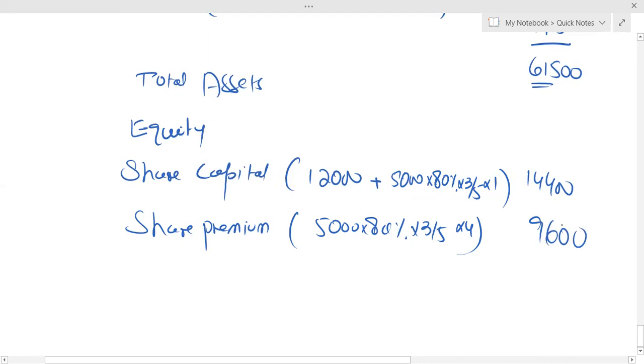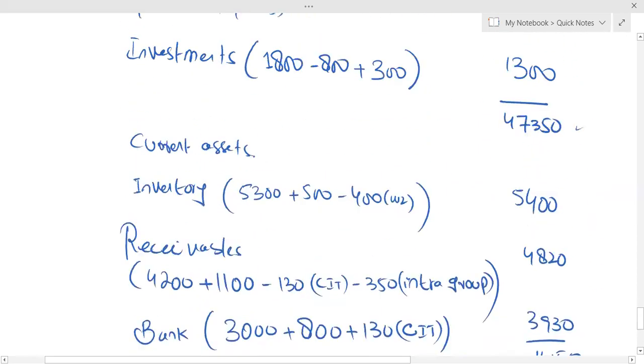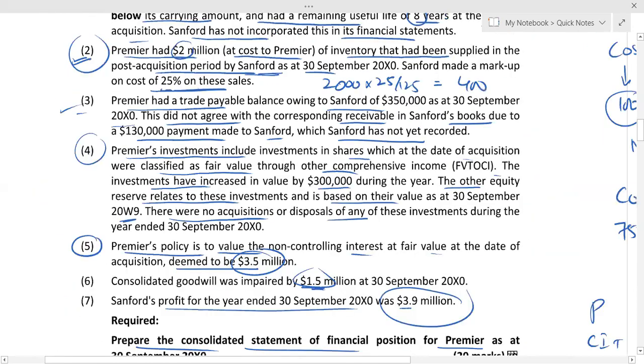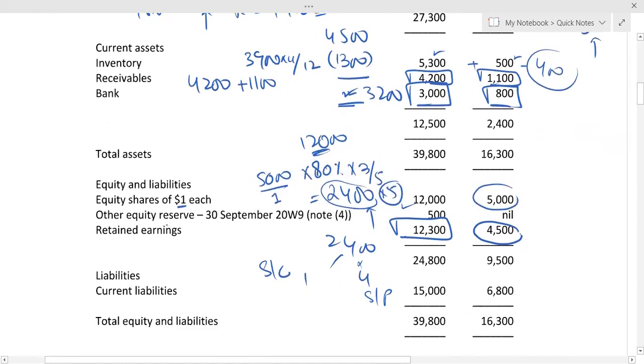Okay, now let's take other equity reserves. Now, what do you mean by other equity reserves? Let me show you. Parent is having other equity reserve 500, but this 500 value belongs to 20W9. There's a current year rise in the investment by 300, and that investment belongs to fair value through OCI category.